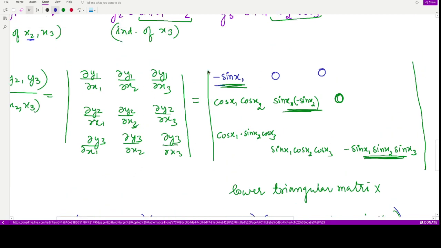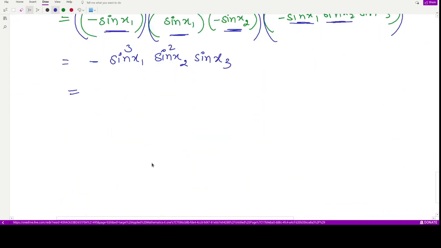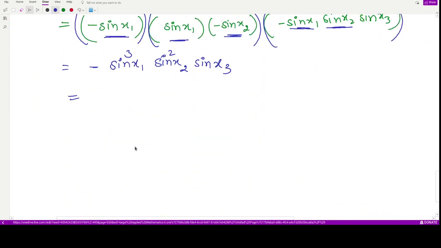This was the derivative of y1 with respect to x1. So this is the derivative of y1 with respect to x1, and the second term, this was your first term, so this is equivalent to this. For the second term, this whole term, this was what? This was your del y2 with respect to x2.